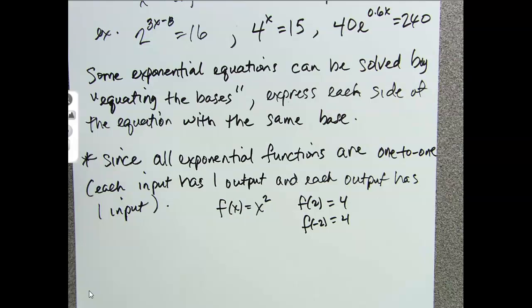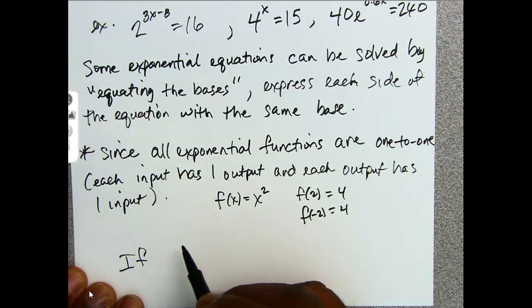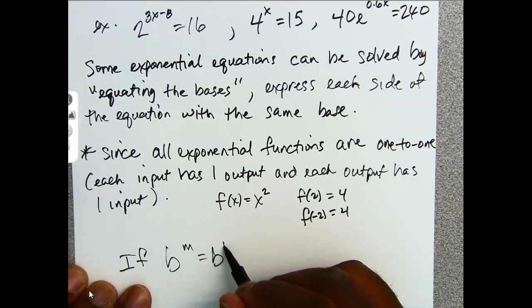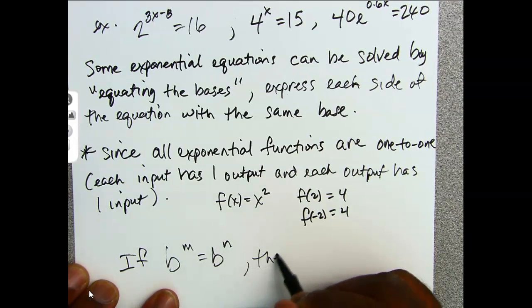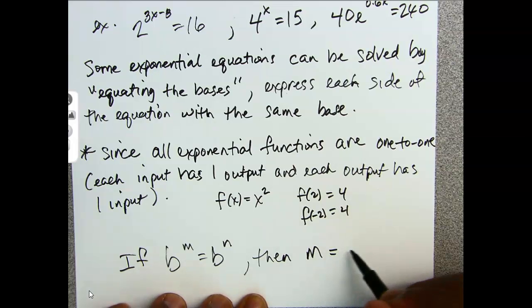Well, exponentials are one-to-one. So because of that, if b to the m is equal to b to the n, then I know that m is equal to n.